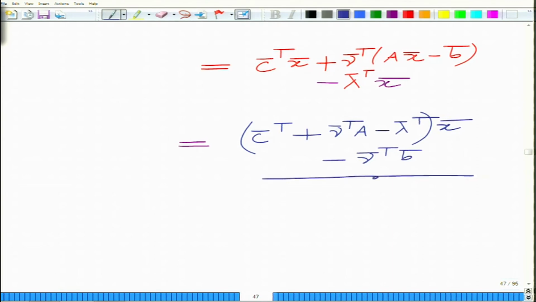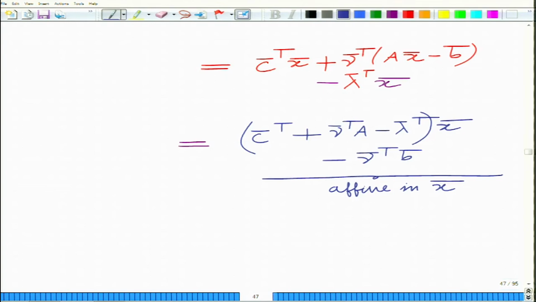You can see this is affine in x bar, which is the equation of a hyperplane.